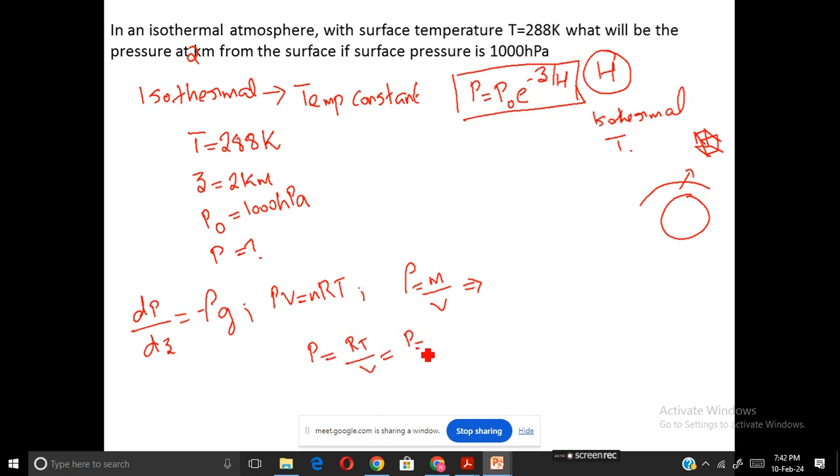So V is M by rho; if M is unity, V will become 1 by rho. Substituting in PV is equal to nRT, we get P is equal to rho RT. I think it is clear. So dP by dz is equal to minus rho g and P is equal to rho RT. These are the two equations that we have. I think it is becoming too crowded.